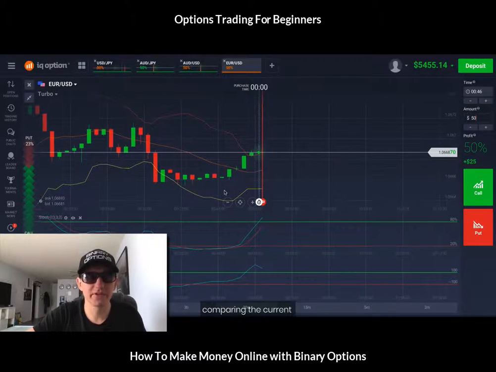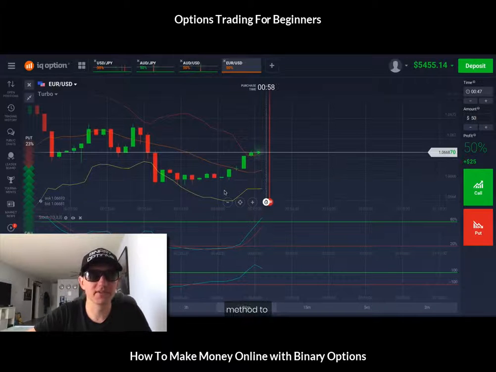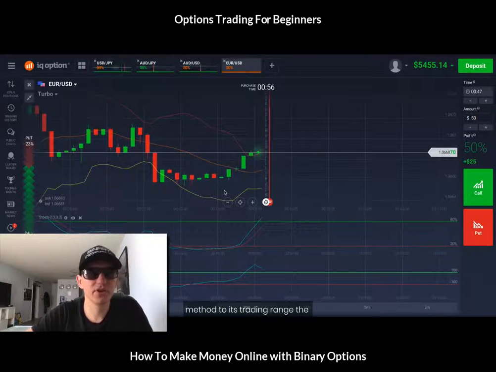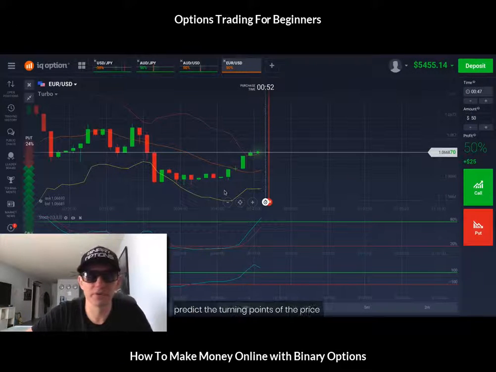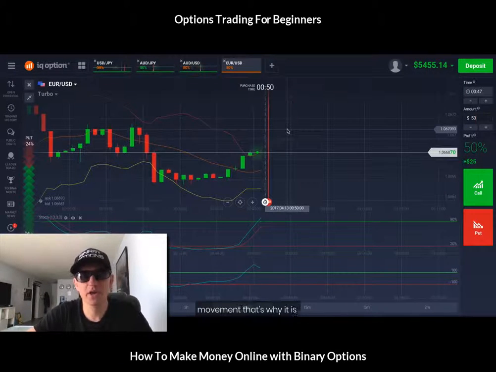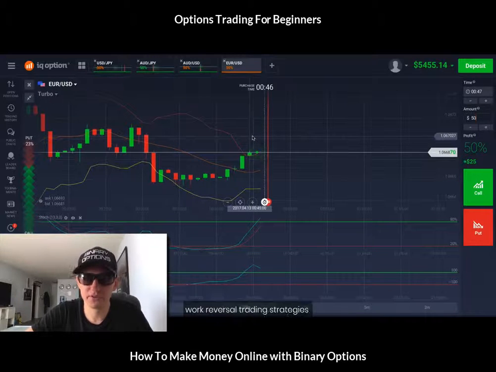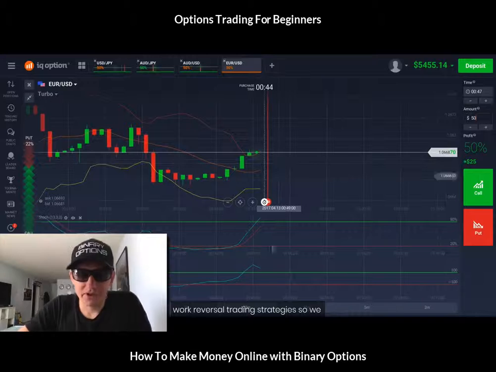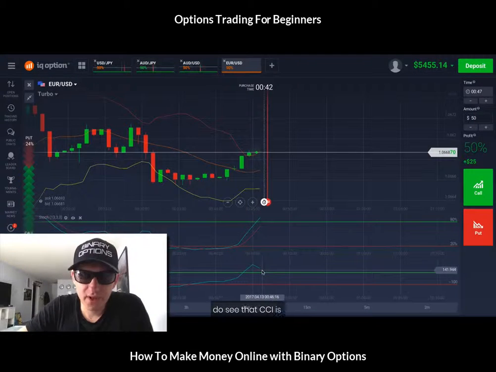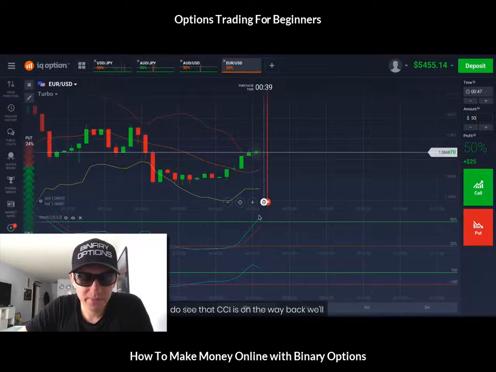By comparing the current closing price of an asset to its trading range, it attempts to predict the turning points of the price movement. That's why it is so important in our reversal trading strategies.